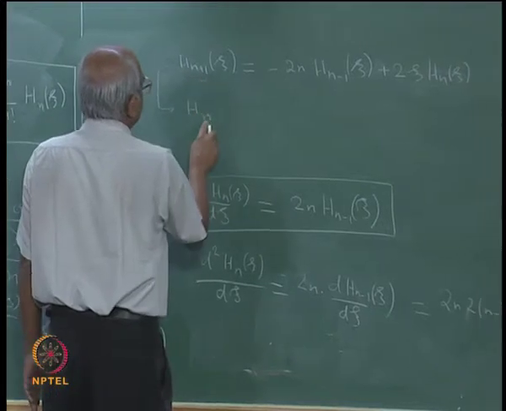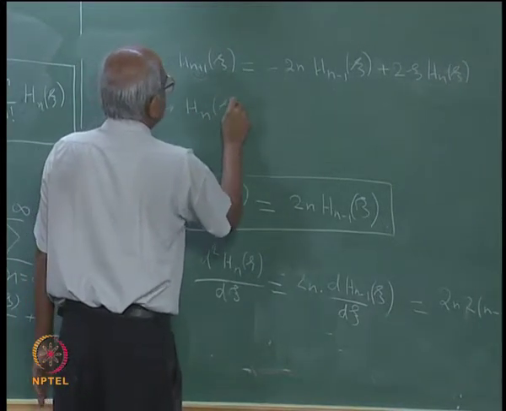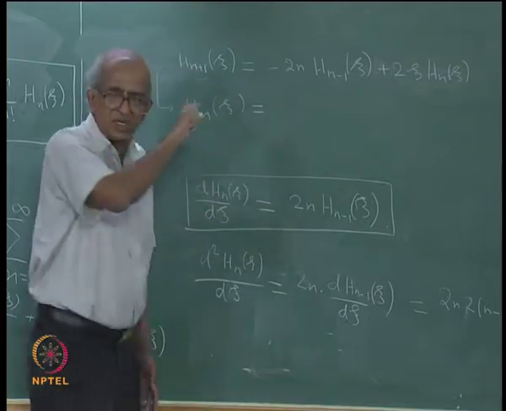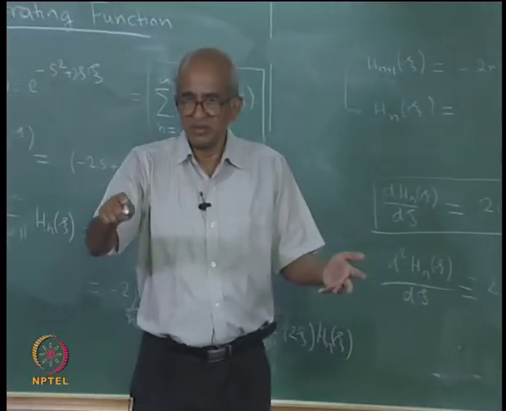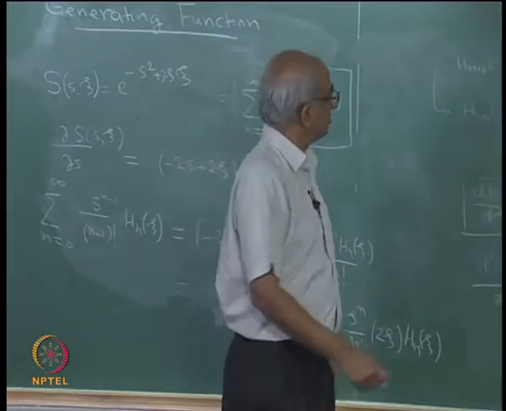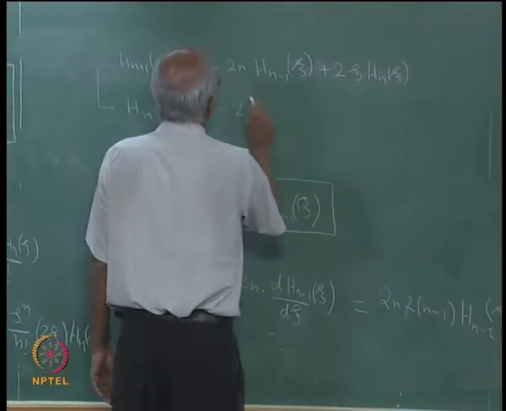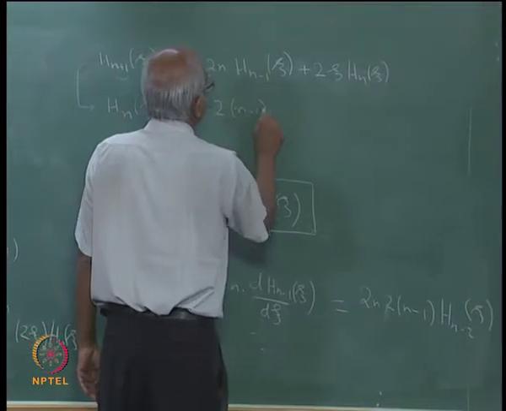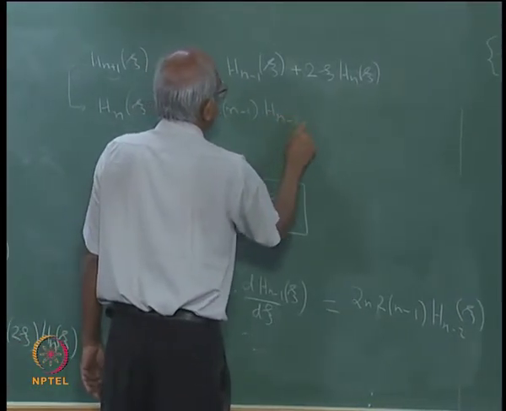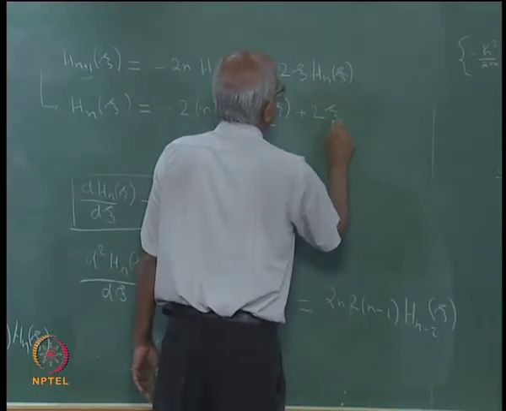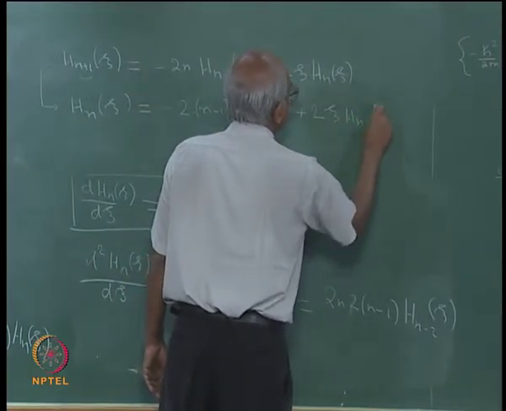Instead of n plus 1, I want n here. So, that means wherever n is occurring, you see I shall put n minus 1, replace it with n minus 1. So, then naturally what will happen is that I shall get an equation like minus 2 n minus 1 h n minus 2 c plus 2 c h n minus 1 c.